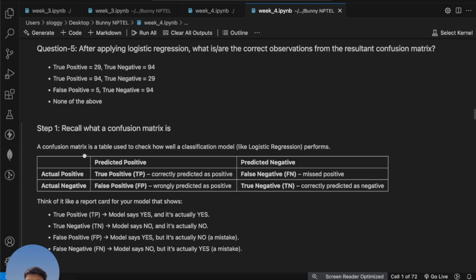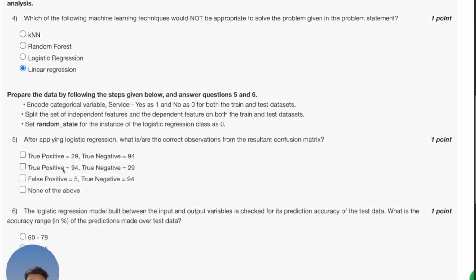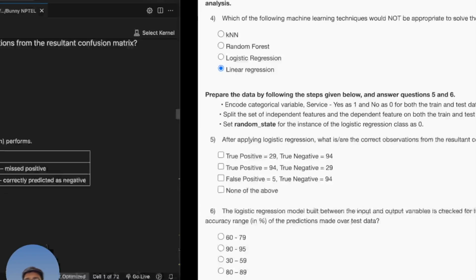It just means a table that checks how well a classification model like logistic regression performs. It's nothing more than true positive, false negative, false positive, true negative. We just need to find answers among this. After applying logistic regression, what are the correct observations from the resultant confusion matrix?